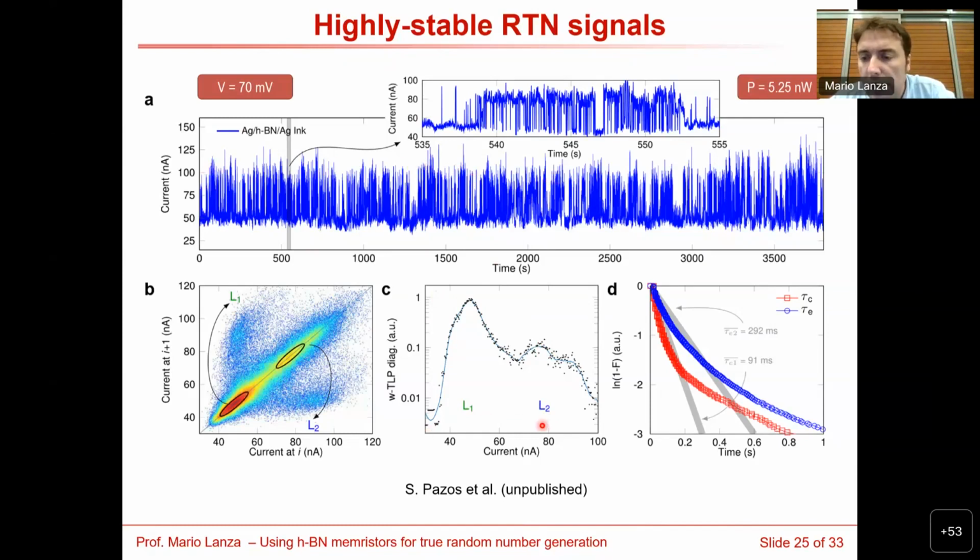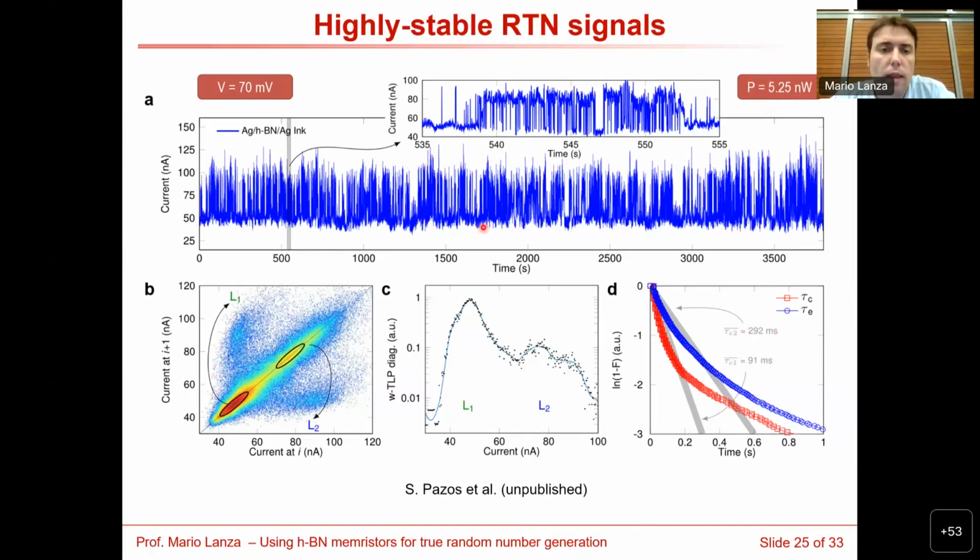We also quantify the speed of the transitions. You can find it here. We calculate the power consumption of this signal, and it is 5.25 nanowatts.